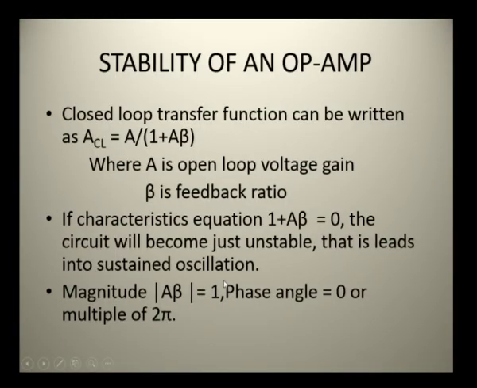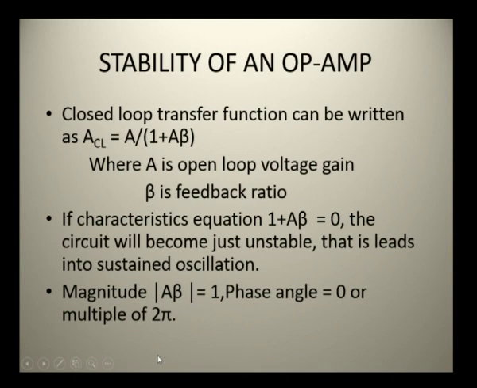The condition for oscillation is the magnitude of A beta is equal to 1 and the phase angle is 0 or a multiple of 2 pi. So, if the circuit satisfies these two conditions, then the circuit will become an oscillator. It just starts its oscillation, or the circuit is unstable, when this happens.